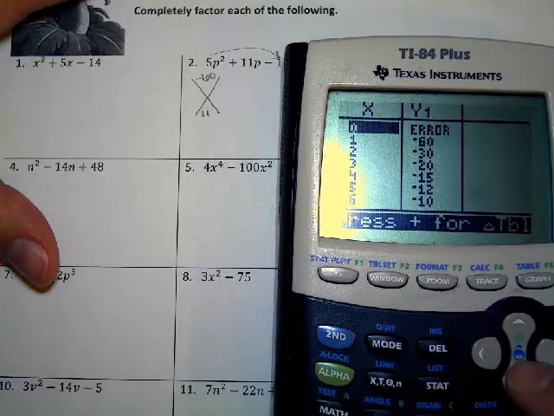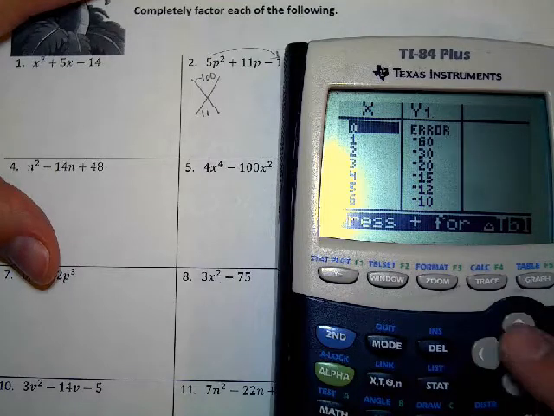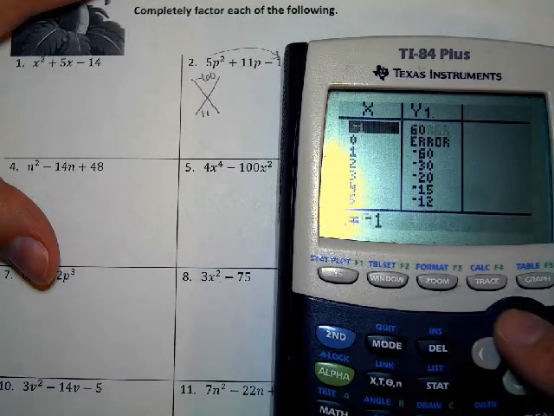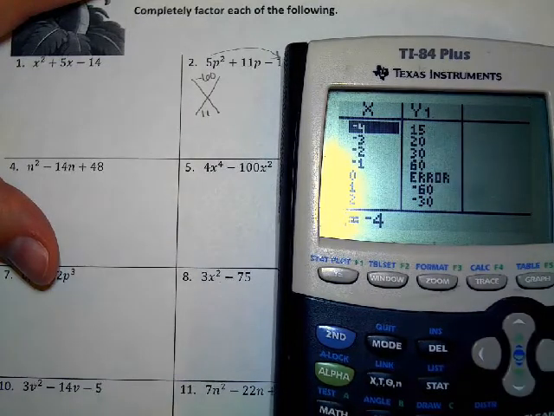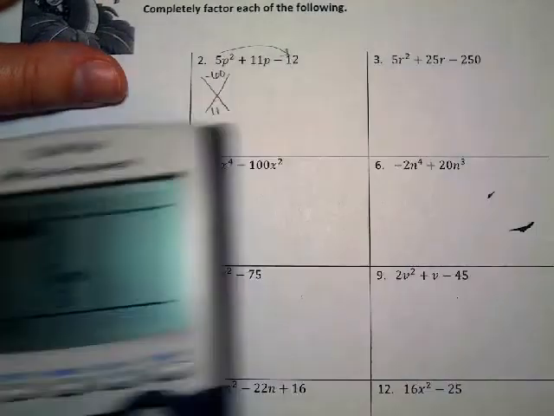So you're looking for numbers that multiply to -60 but add to positive 11. What numbers would add to positive 11? So it should go this way. 15 and -4.